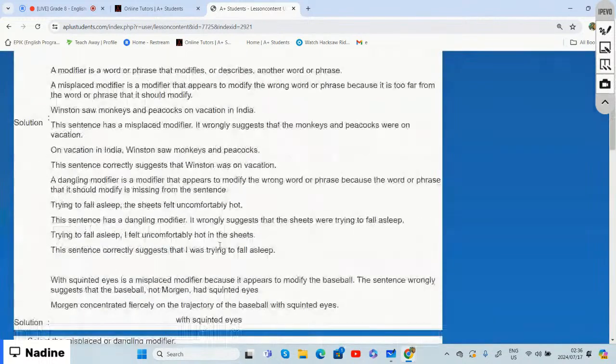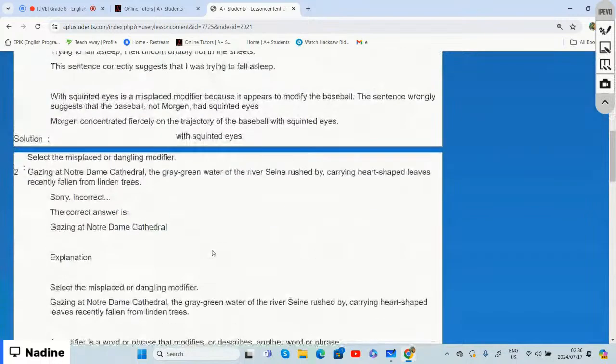All right, the next one says gazing at Notre Dame Cathedral, the gray green water of the river Seine rushed by, carrying heart shaped leaves recently fallen from the linden trees. We need to select either the misplaced or dangling modifier.